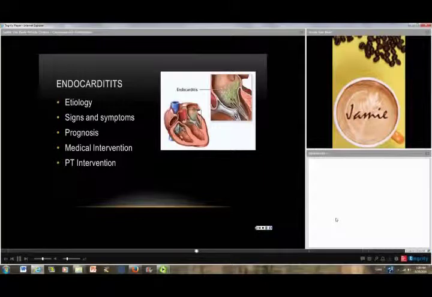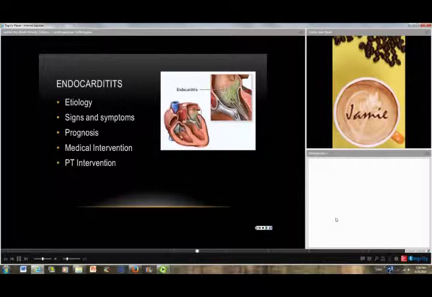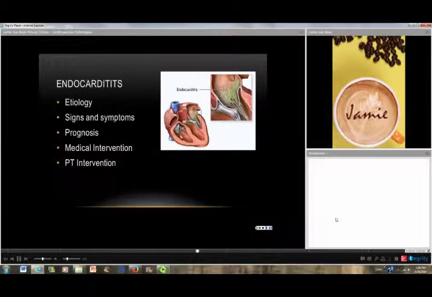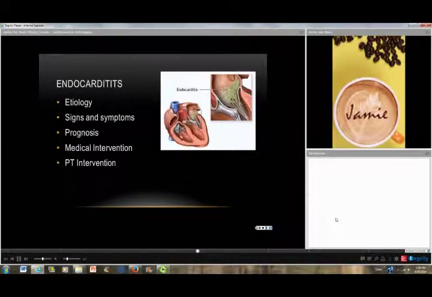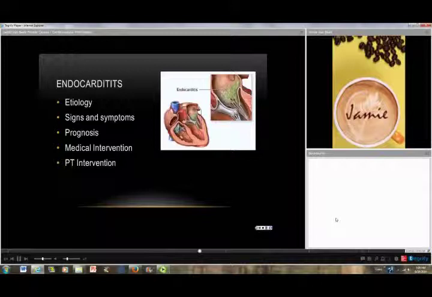Bacteria can get into the heart of someone on chemo from just fungus on their toenails or fingernails, because their body is working so hard because of the effects of the chemotherapy that their immune system is suppressed and they're more susceptible to getting an infection, endocarditis of the heart. So those are some possible causes of it.